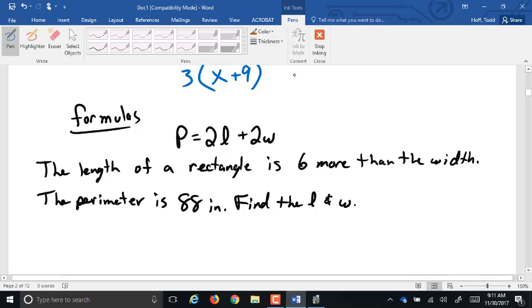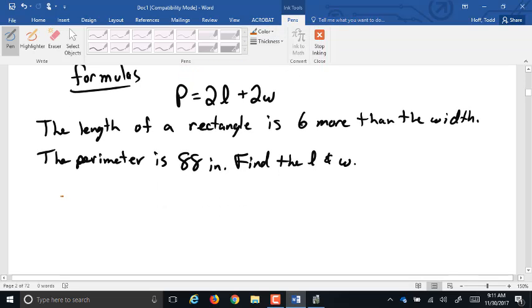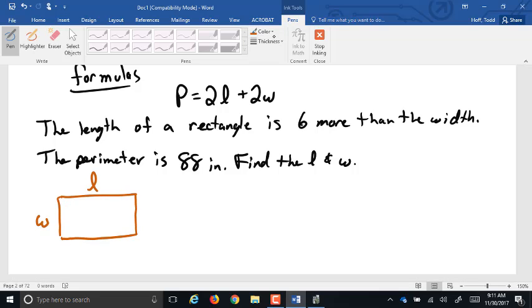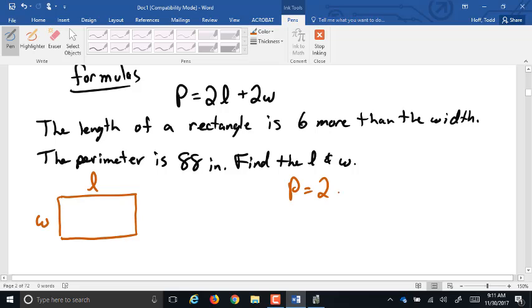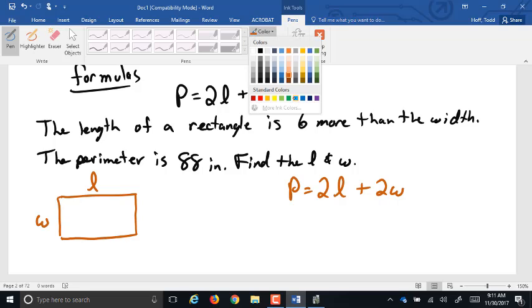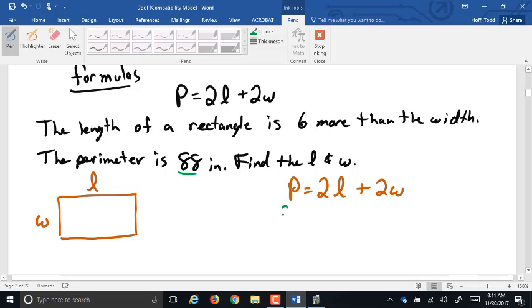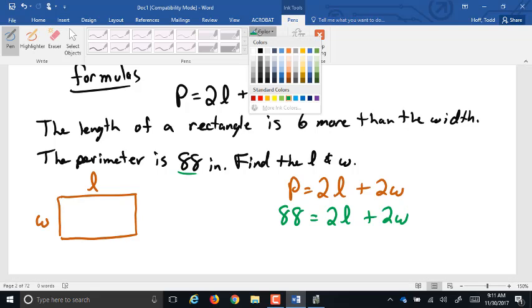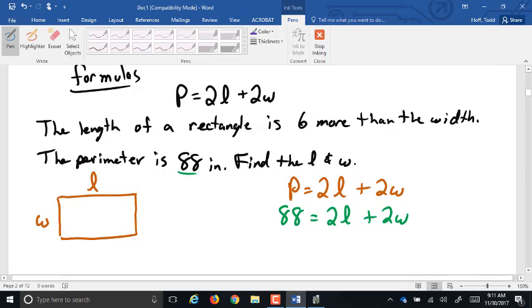Well, it might help draw a picture here. We have a rectangle that has a length and a width. Of course, our perimeter is 2 times the length plus 2 times the width. And I know that the perimeter is 88, so I'm going to put 88 in for P right now. But I still have 2 variables there, and we don't know how to work with that.